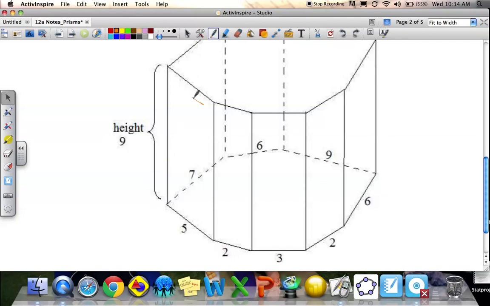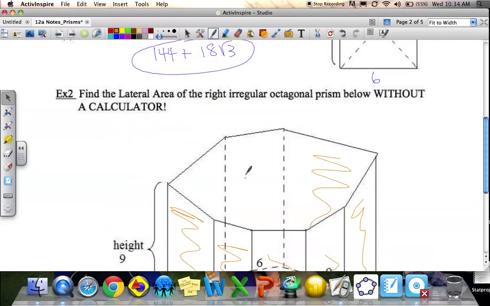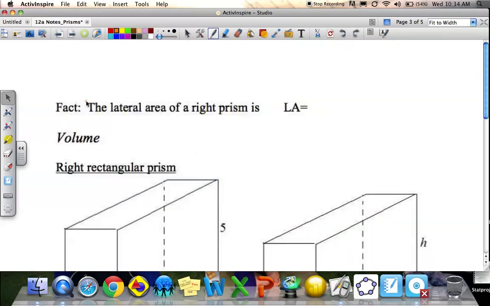Basically, we want to find the area of all the lateral faces added. So I want to see if you can do that. And we'll check this answer tomorrow in class. And go to the next page, and we'll fill in some of these facts.